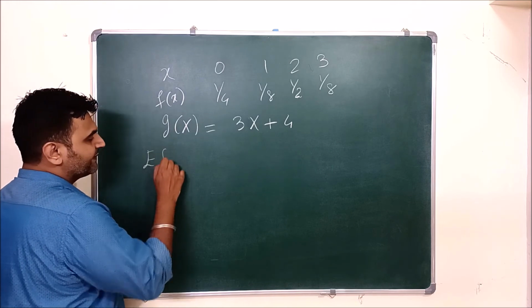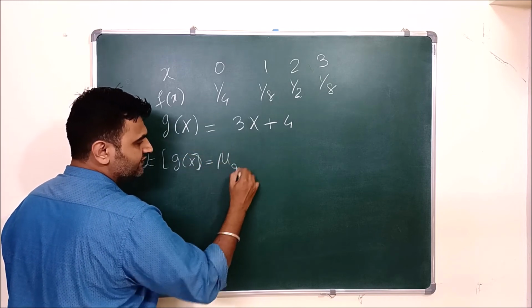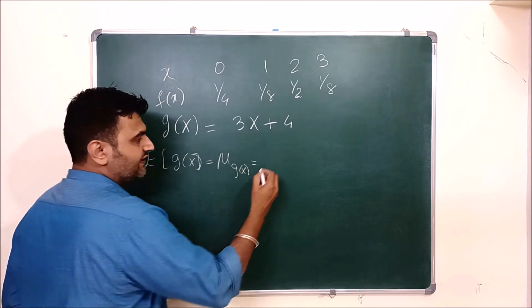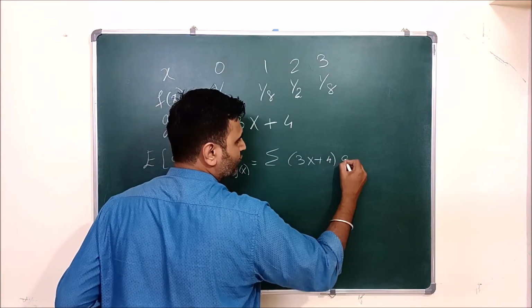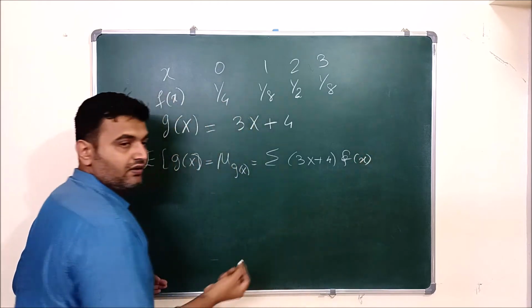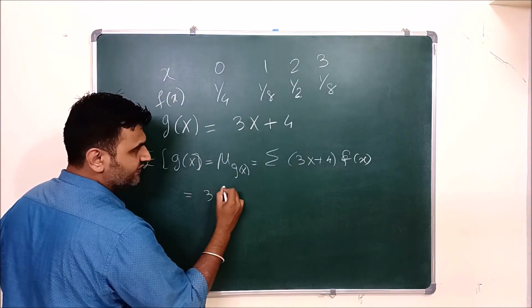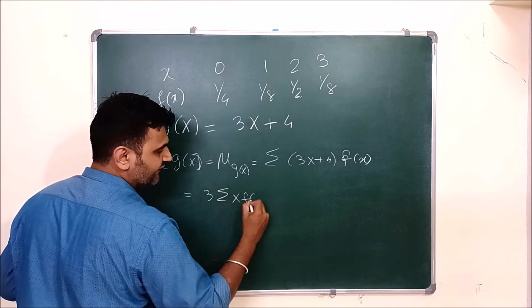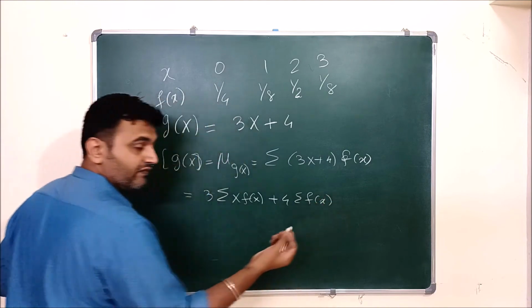Okay. So what is expected value of g of x? Which is nothing but our mu of g of x. What is that? It is summation g of x into your f of x, right? So what do you get? It is nothing but, if you just multiply inside, 3 times summation x f of x plus 4 summation f of x, right?